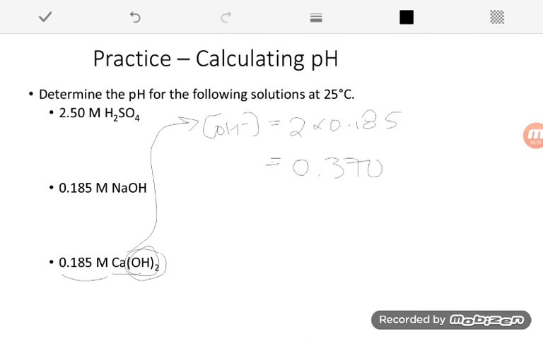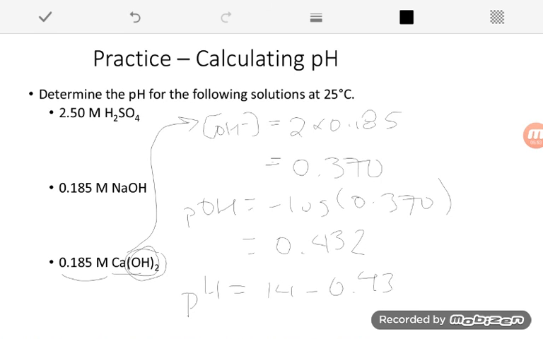Now I'm going to do exactly what I did before. My pOH is just the negative log of my OH- concentration. So I take the negative log of that, and I get 0.432. And then for my pH, I have to do 14 minus my pOH.